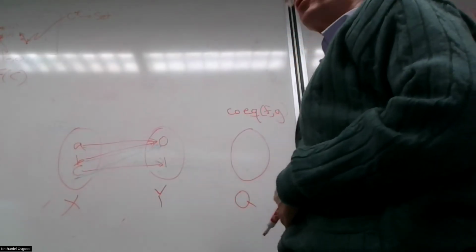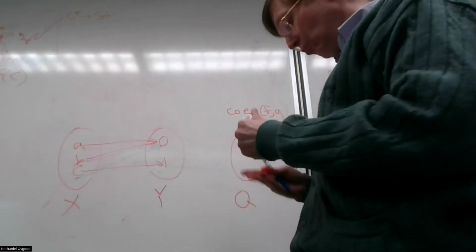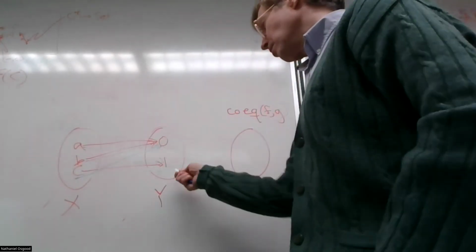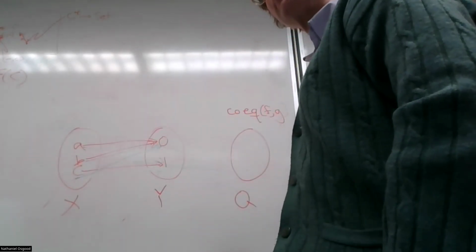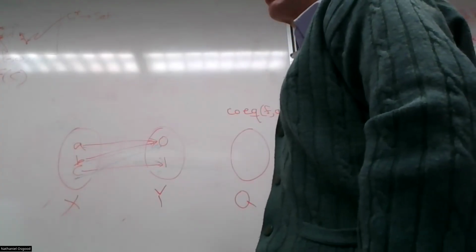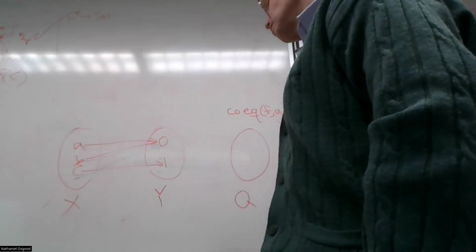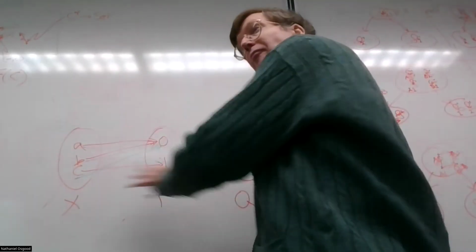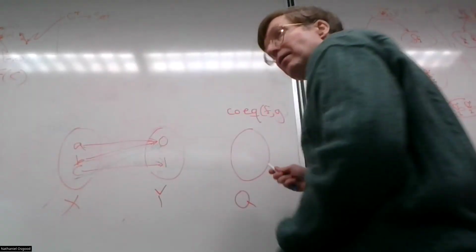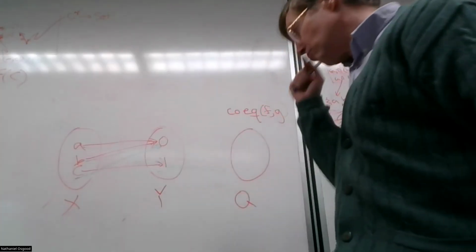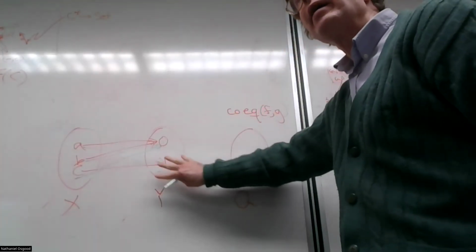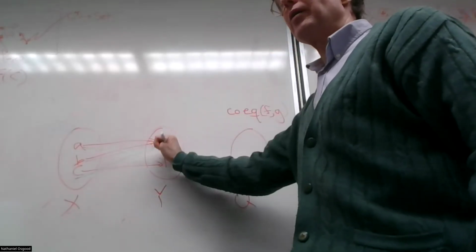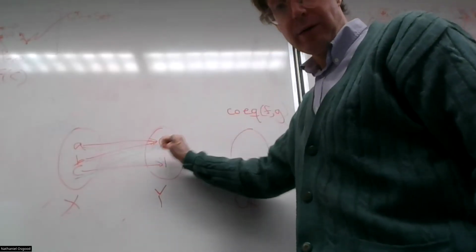What we're going to do is consider equivalence classes of Y. Notice, this is not going to be a subset of X. Remember before E was a subset of X? This is actually going to refer to things in Y. But it's not going to be just the elements of Y. This is a really important point.